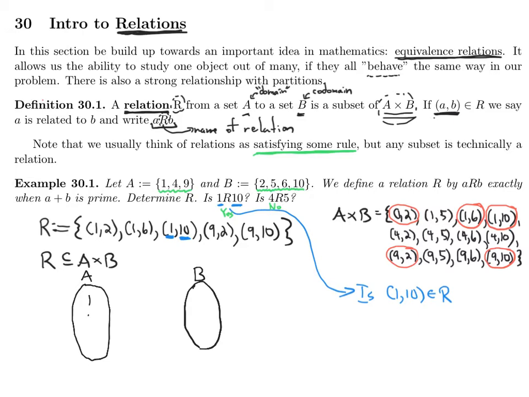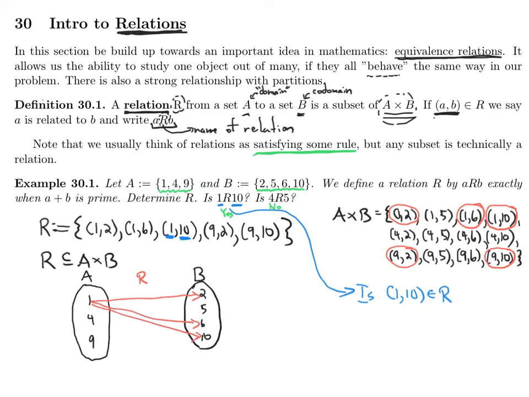So we have 1, 4, and 9, and here we have 2, 5, 6, and 10. And then if two elements are related, we'll put an arrow between them. So we'll call the relation R these arrows. So 1 is related to 2, so I'll put an arrow here. 1 is related to 6, 1 is related to 10.